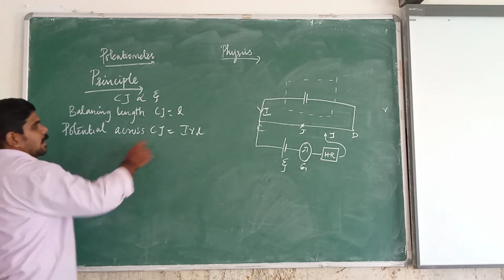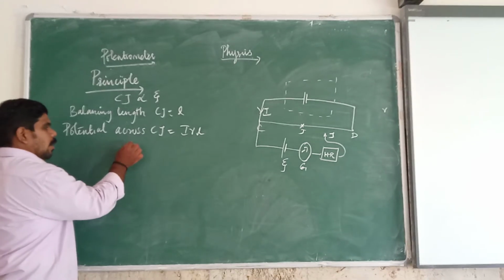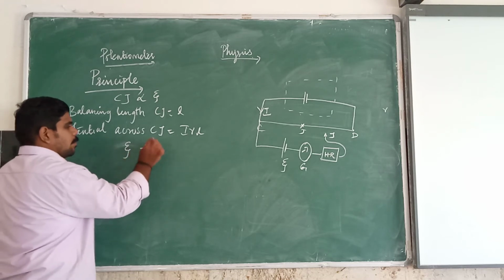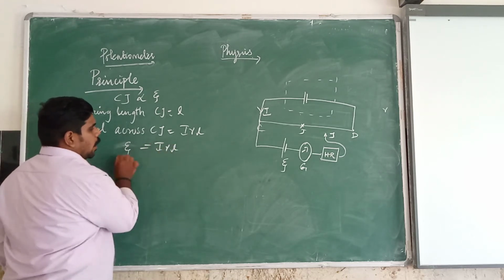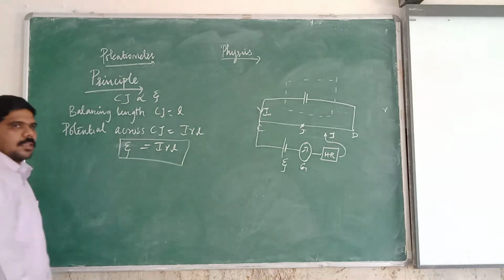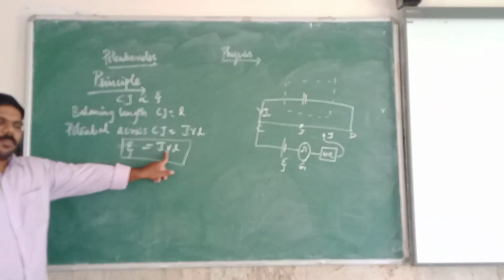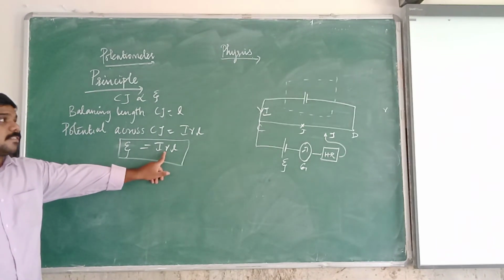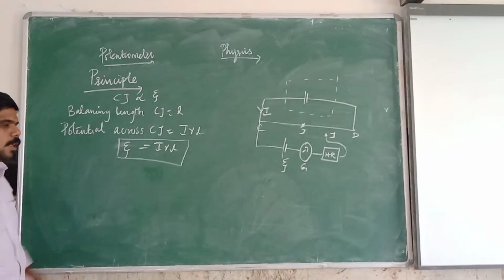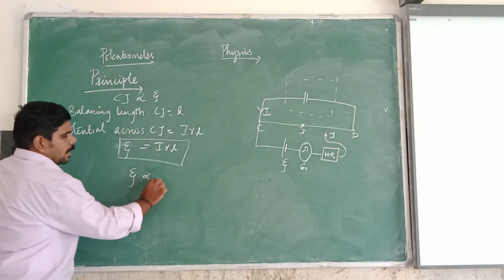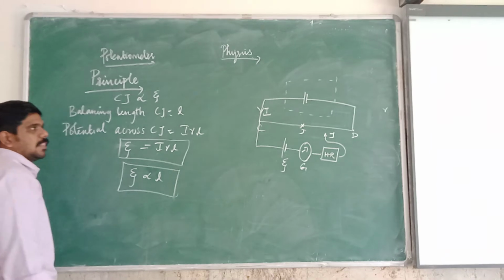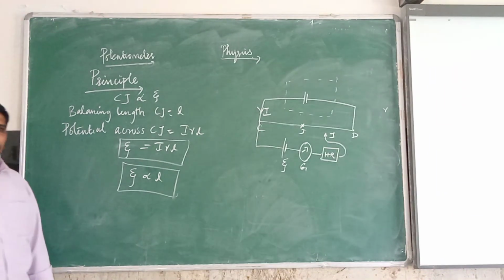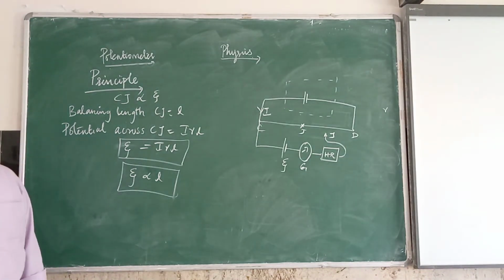So the EMF of the cell is equal to I R L. Here I and R will be constant. What is the current and the resistance per unit length of wire will be constant. So the EMF of a cell will be directly proportional to the balancing length of a potentiometer.